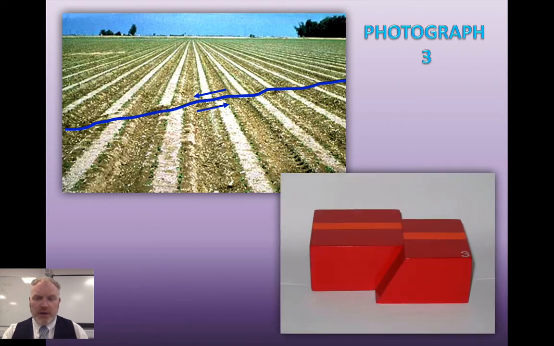So what we're talking about here is a strike slip fault. And if we model the movement of this with your hands, we can see it's a left lateral strike slip fault, because the left hand side of that fault is the one that's moved closest towards you.